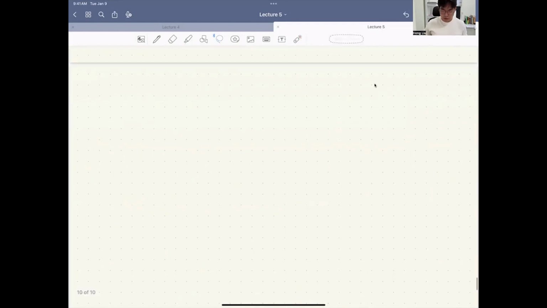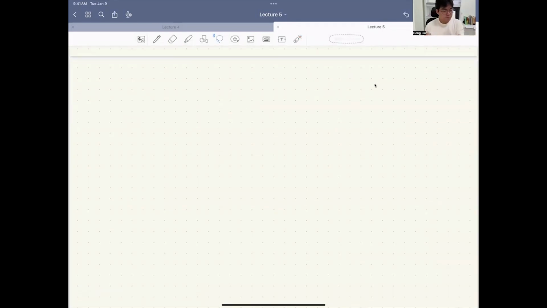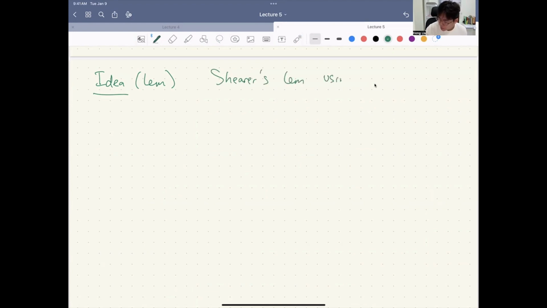To prove this, the idea for the lemma is to use Schur's lemma, making use of a random contraction to do the projection, where the projection comes from the random contraction.